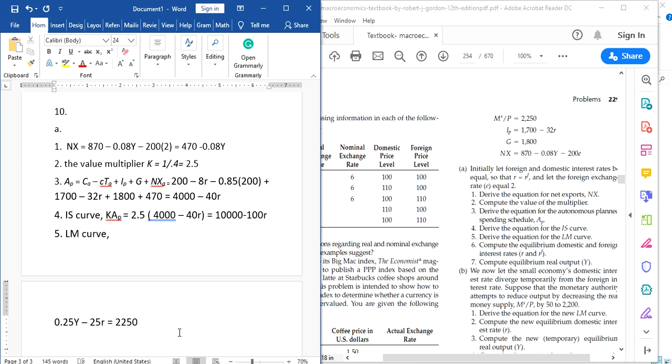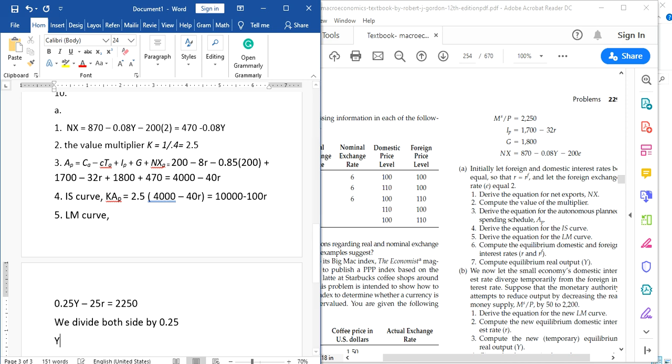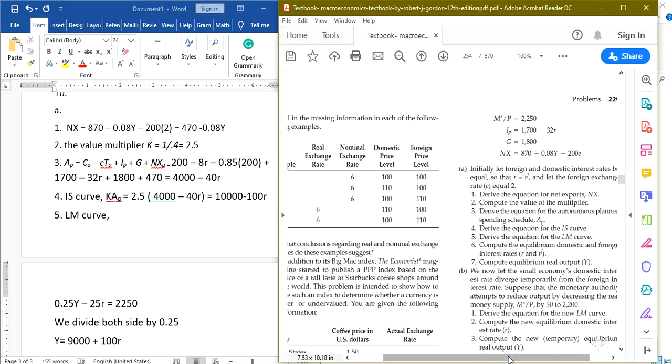So we divide both sides by 0.25, and Y will be equal to 9,000 plus 100R.